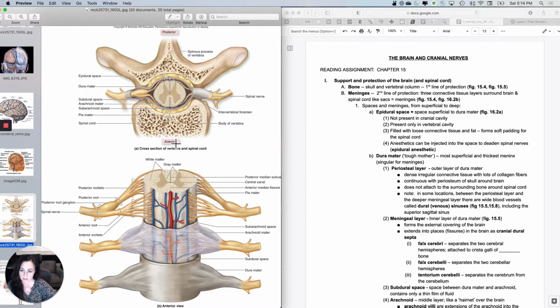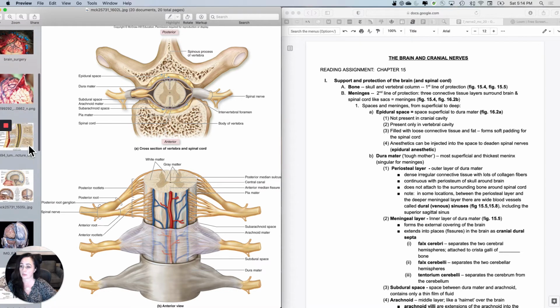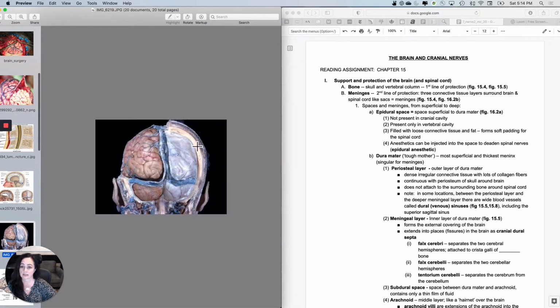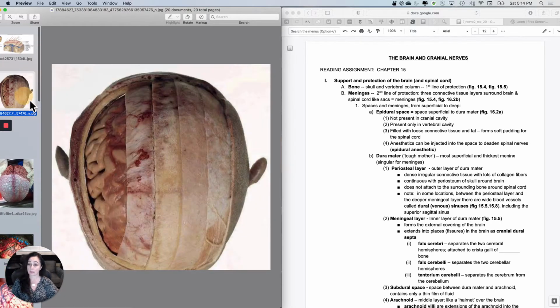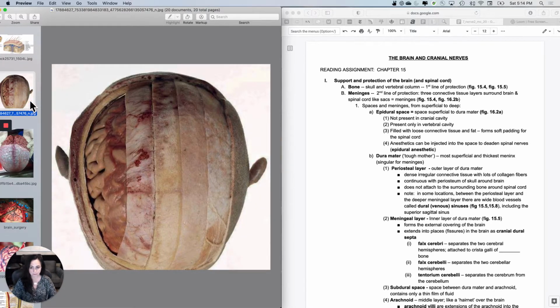So of course the spinal cord is encased in bone mostly, and then the brain is encased in a relatively thick layer of compact bone with spongy bone in the middle. And then the brain and the spinal cord also have their own layers of membranes that are unique to the central nervous system called meninges.